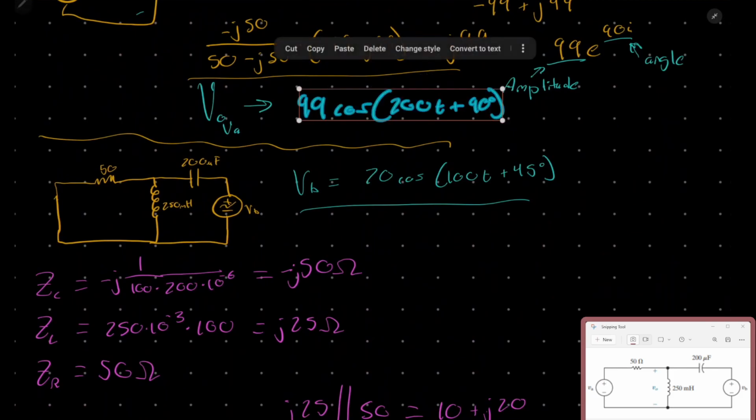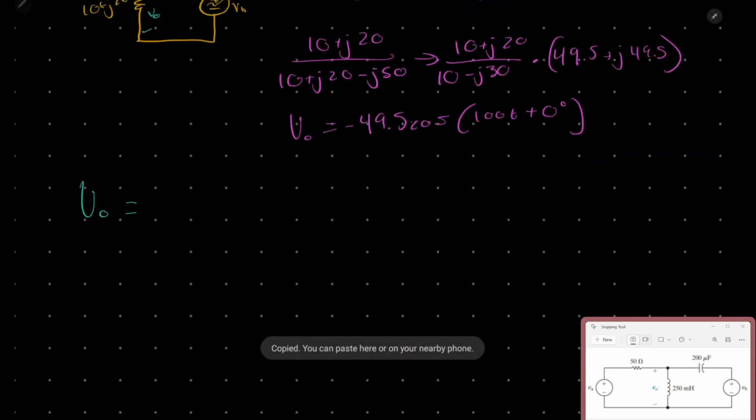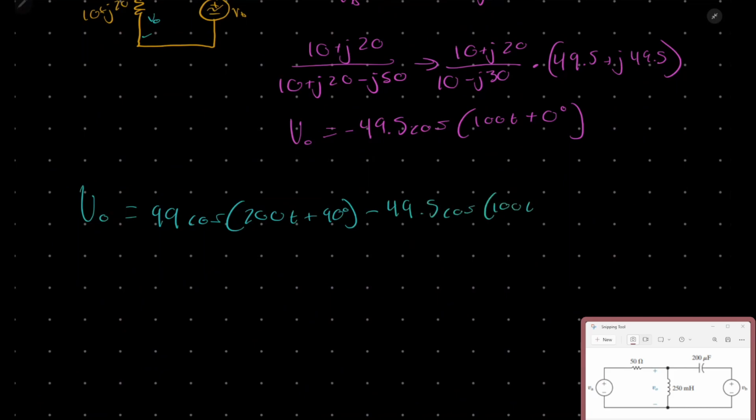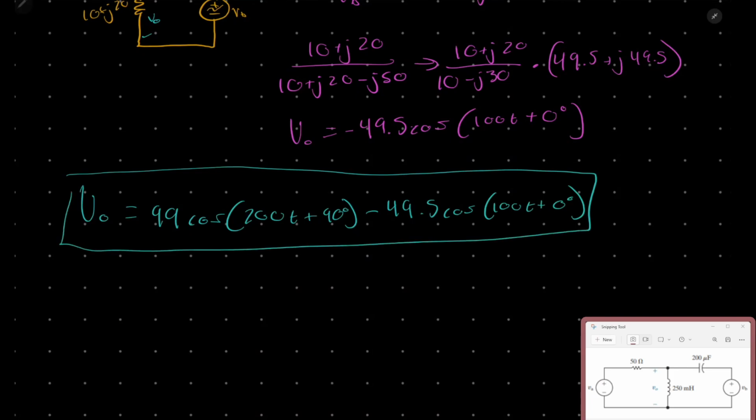We'll just copy this value, and in this case, minus 49.5 cosine 100t plus 0 degrees. And this right here is our final answer.